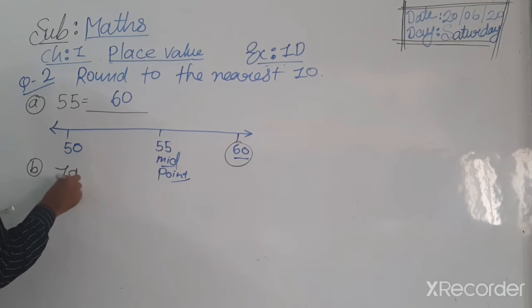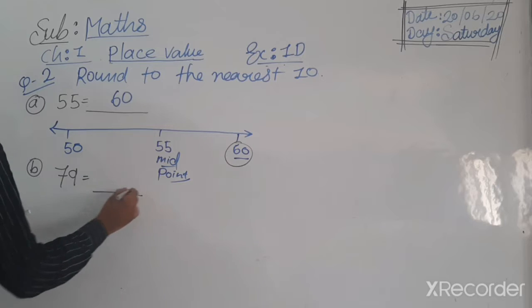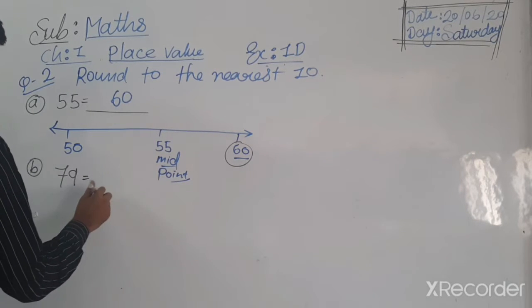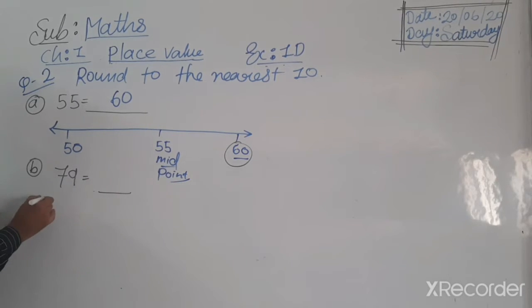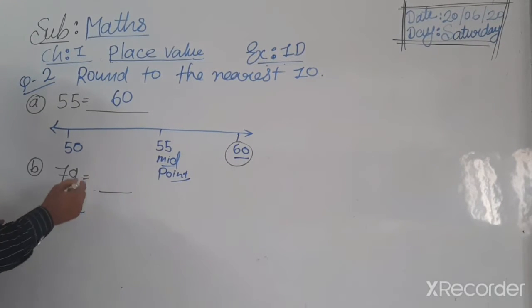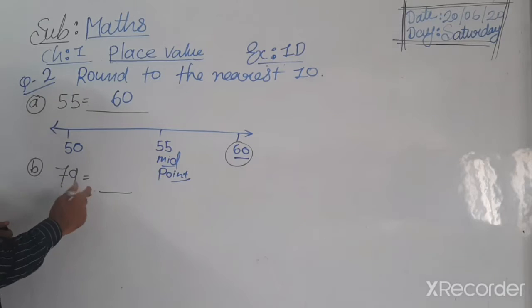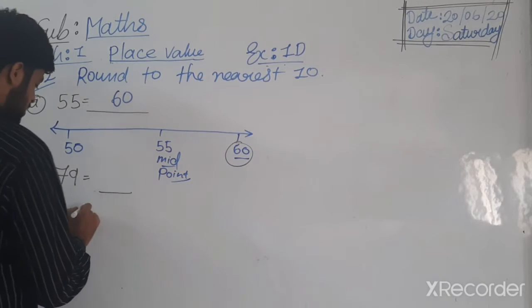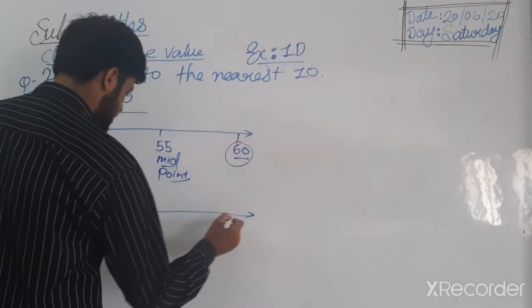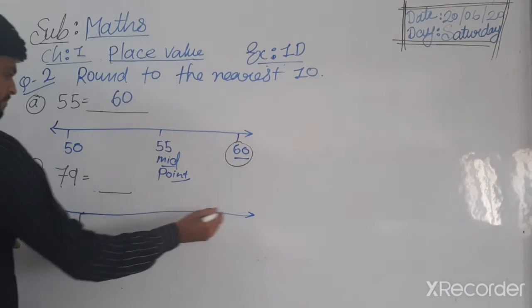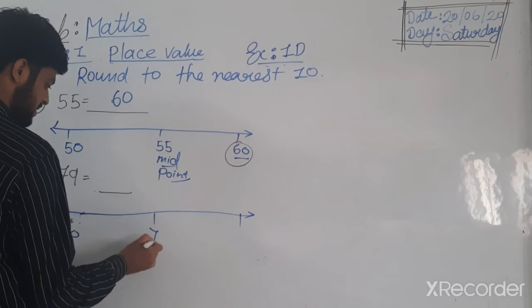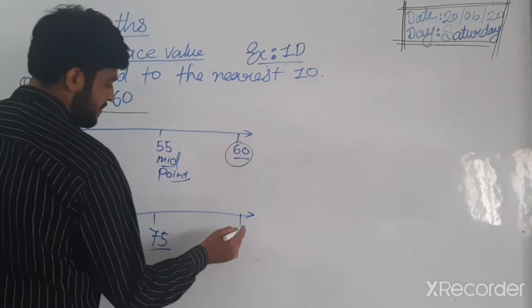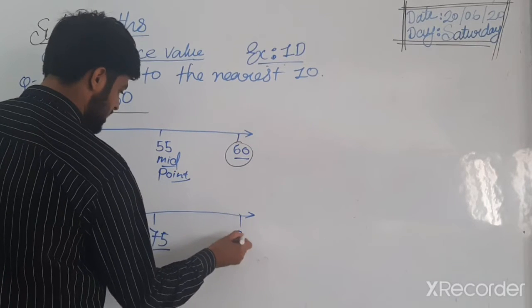Then the second question is 79. So let's check on a number line: 70, 75 is the halfway point, and 80.